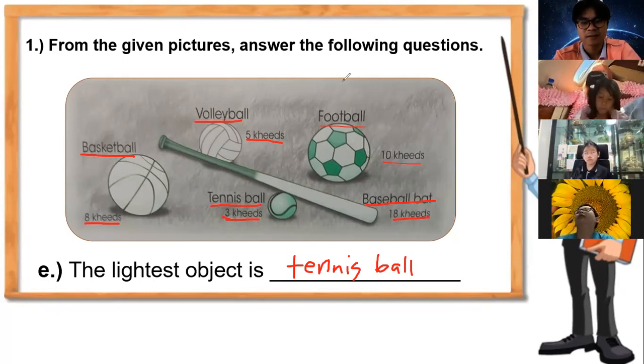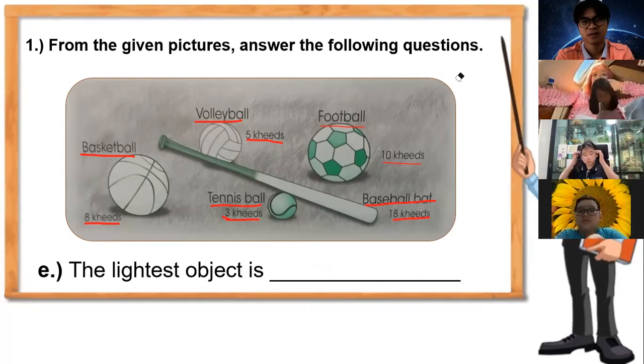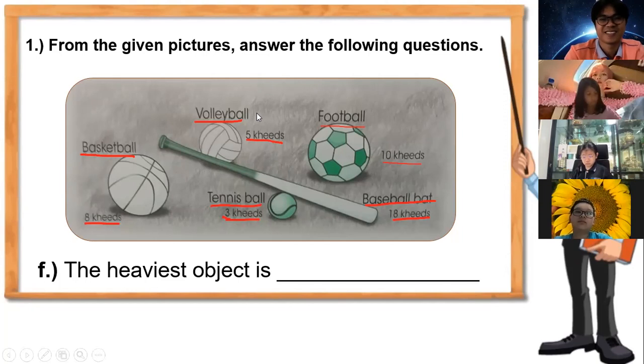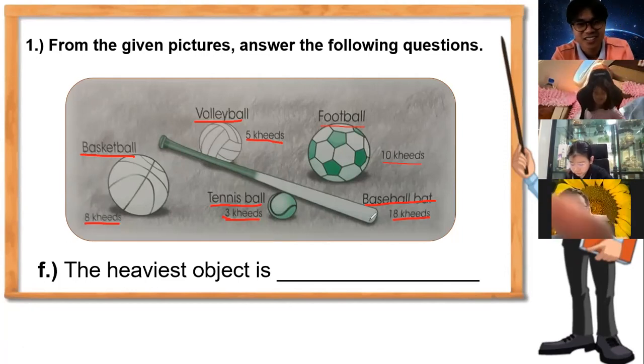Next, let's go to letter D. Which object is the heaviest? Baseball bat. 18 kids.